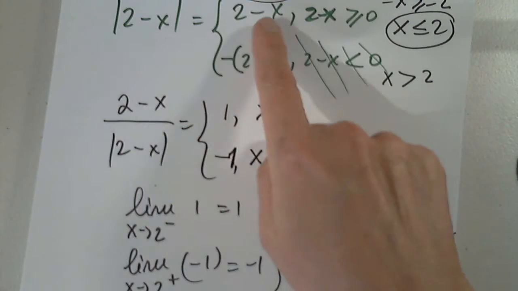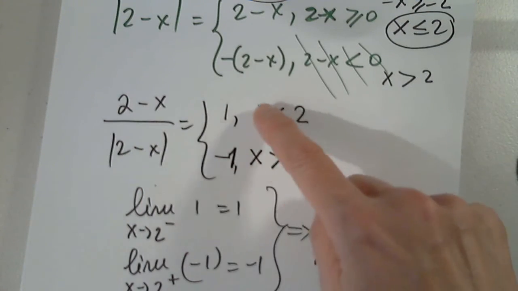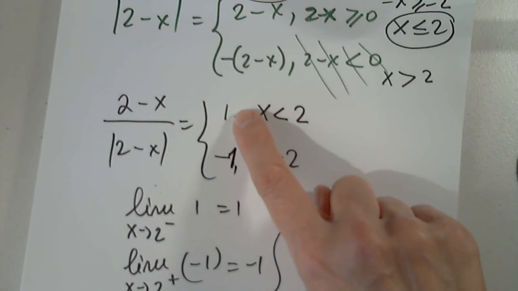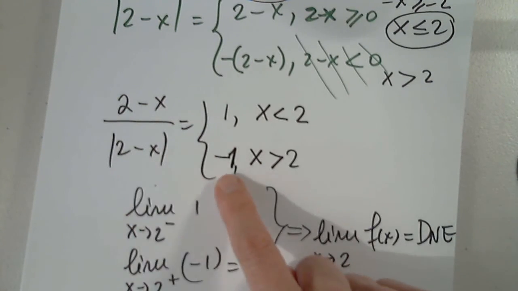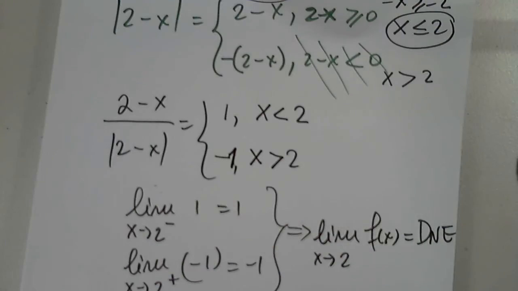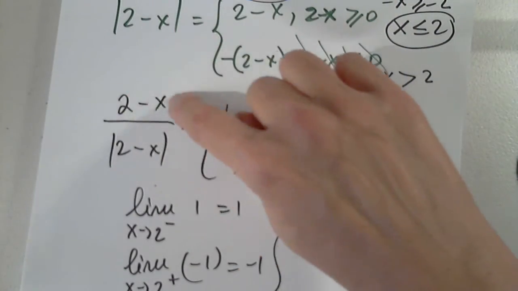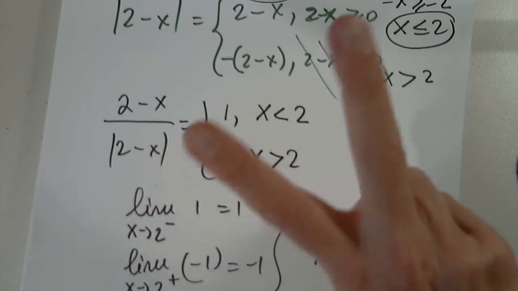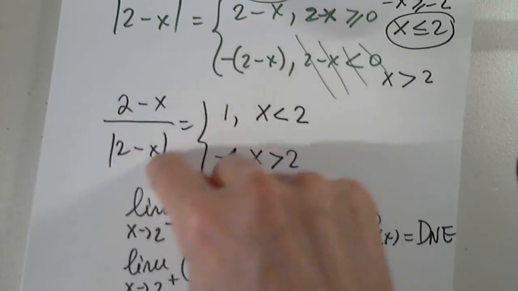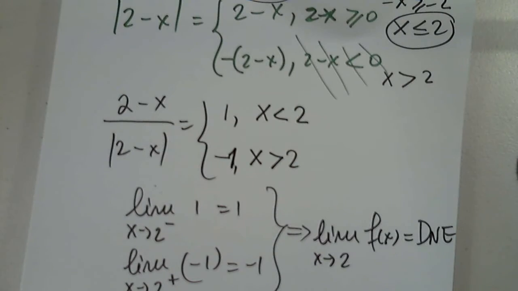When the denominator is the first option, I get 1. When the denominator is the second option, I get negative 1. The numerator is fixed, I cannot change it. But since the denominator has two options, then the final form of this will have to have two options. Is that better? Yep. Thank you.